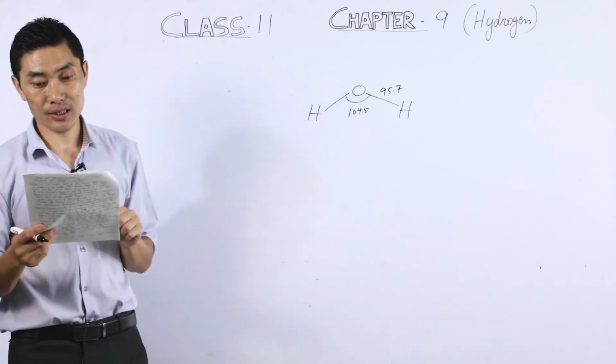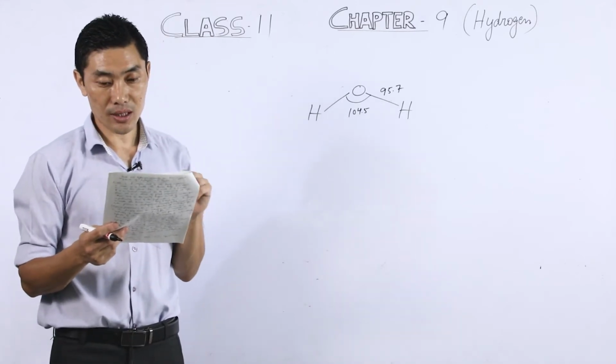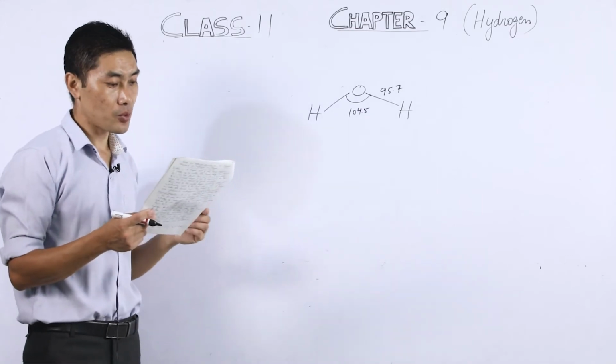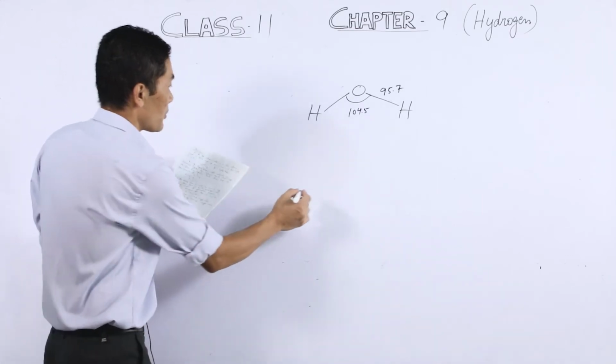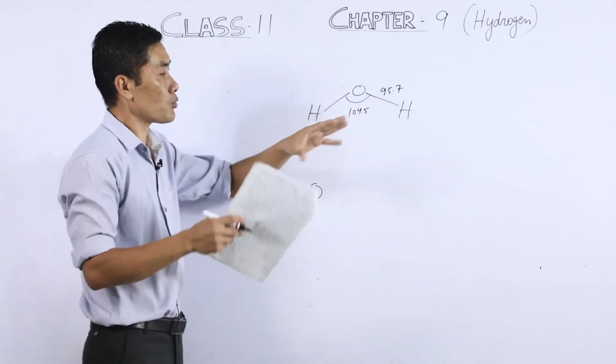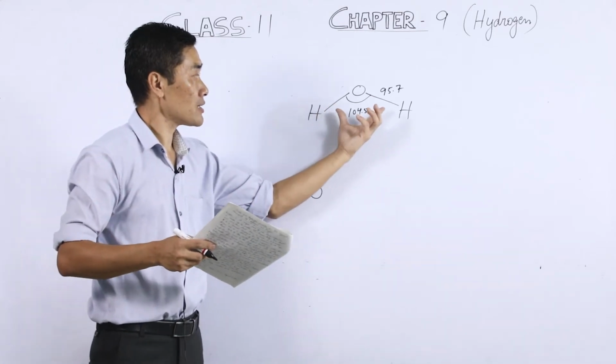In the liquid phase, water molecules are associated by hydrogen bonds. Each oxygen can form two hydrogen bonds utilizing both lone pairs in it. So in the gaseous phase, the water molecules will be far apart from each other and each molecule will exist in this form.